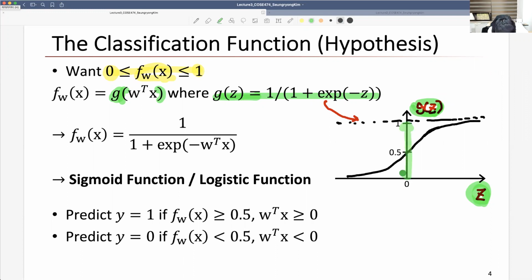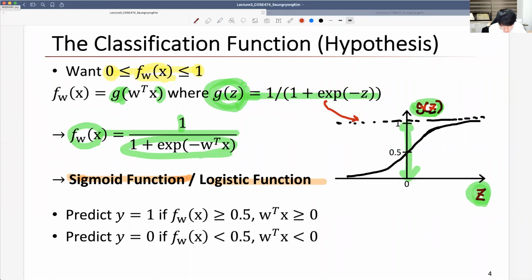So this is the new nonlinear mapping function. By using this g of z, we can redefine the mapping function f_w(x) as 1 over 1 plus exponential minus w transpose x. In this case, this function is called the sigmoid function or logistic regression function.